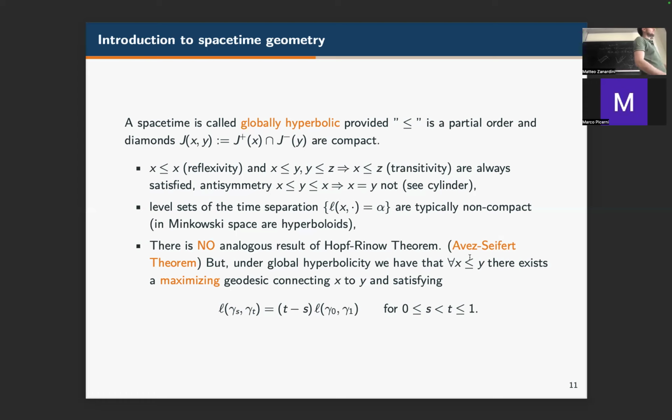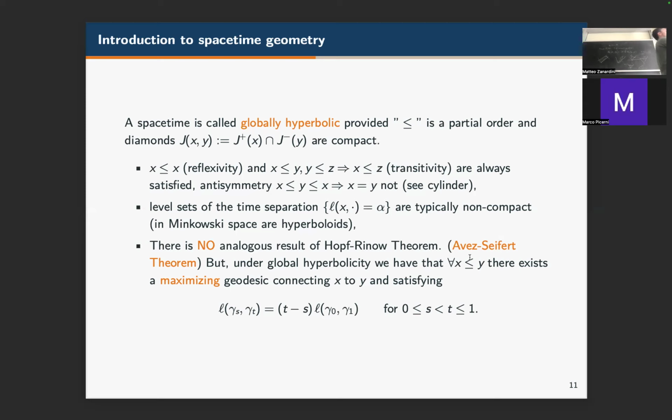But what is true is that under global hyperbolicity, you have a well-posed and compact, in some sense, maximum supremum problem. And so for every couple of points, one in the causal past of the other, there exists a maximizing geodesic connecting the two. Maximizing because it is a supremum problem instead of a minimum problem, and satisfying the same property of constant speed. That is to say, the time separation between gamma s and gamma t is equal to t minus s.